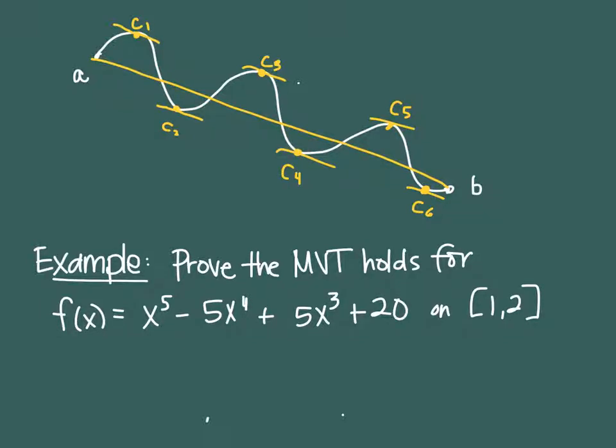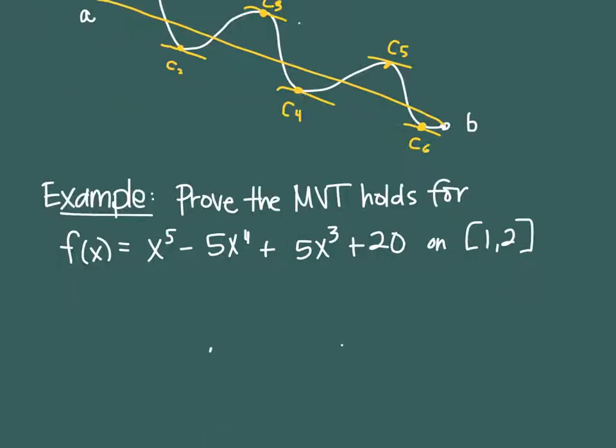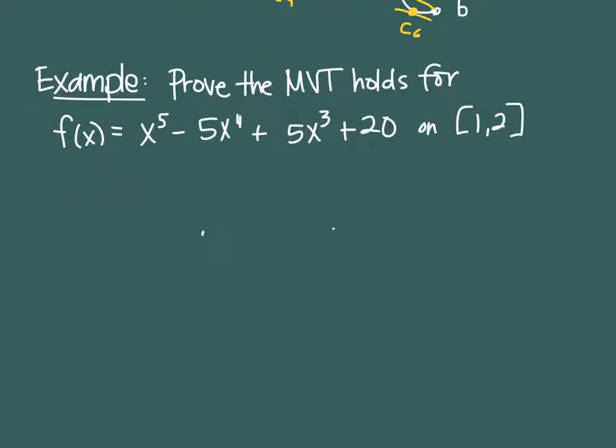So just for an example. The requirements are that it's differentiable, which it is. X to the 5th is differentiable. And the requirements are that it's a closed interval, which it is. And so the equality of the secant slope and the tangent slope must be true.